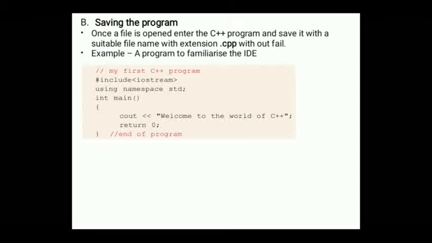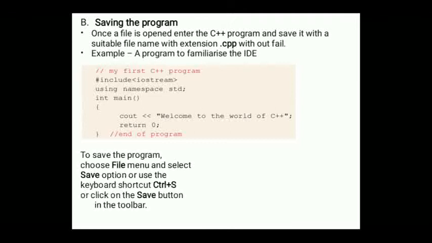Then the curly brace opens, cout operator, "Welcome to the world of C++" within double quotes, terminated with a semicolon, return 0, terminated with a semicolon, and the curly brace closed. And comments are written using this. These are comments. It is a simple C++ program. Once a file is opened and the C++ program entered, save it with a suitable name and with the extension .cpp.